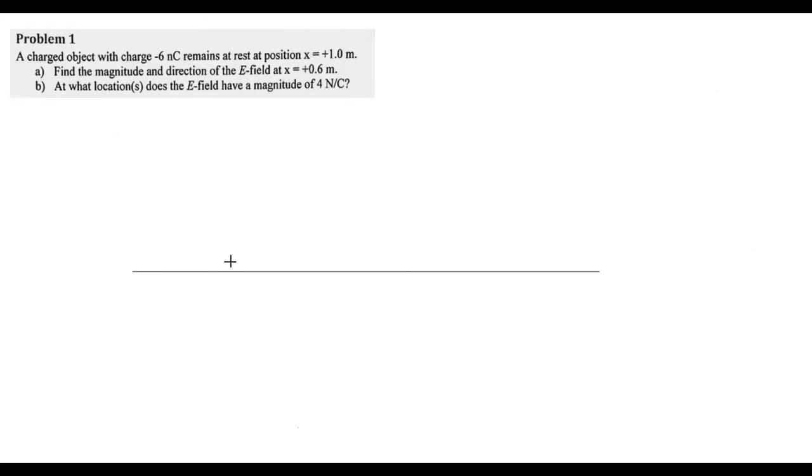So what I've done here is I've drawn effectively a number line, since this has to do with the x-axis. We'll set a point here as the origin, and I'll try to do fairly even tick marks, 2, 4, 6, 8, and then 1.